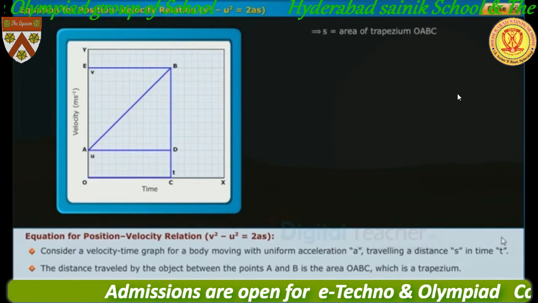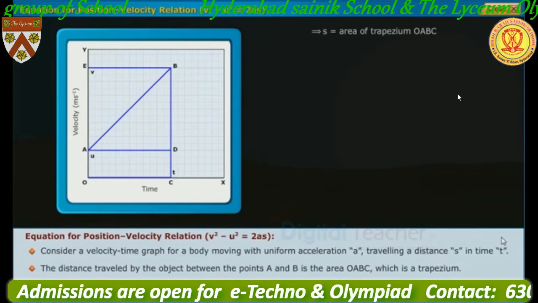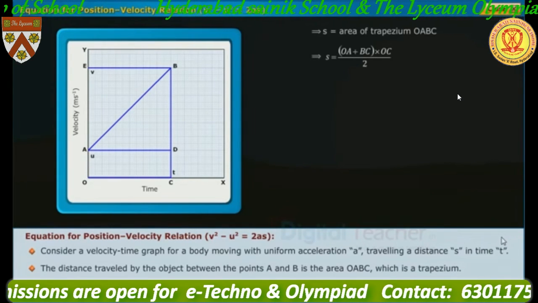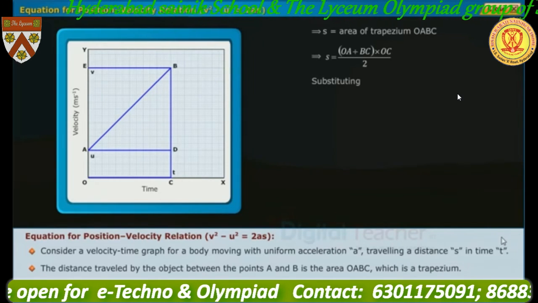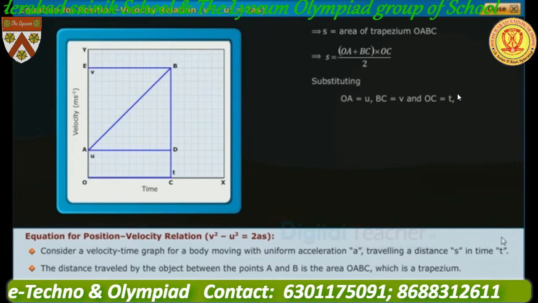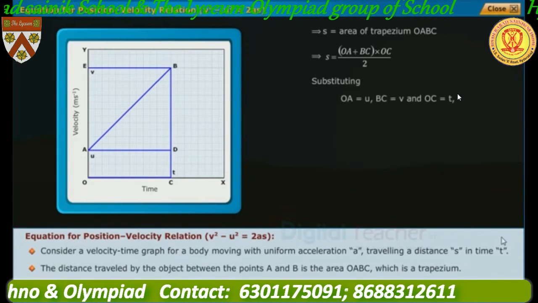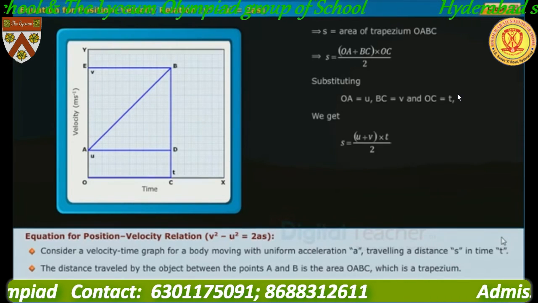That implies S equals area of trapezium OABC. S equals OA plus BC into OC by 2. Substituting OA equals U, BC equals V, and OC equals T, we get S equals U plus V into T by 2.